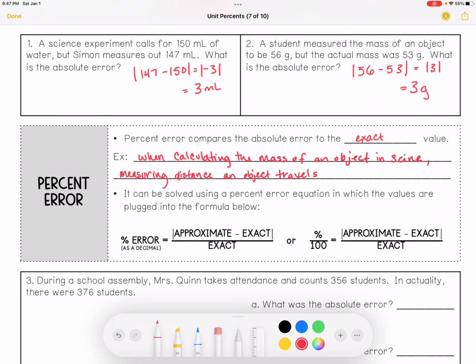It can be solved using a percent error equation in which the values are plugged into the formula below.